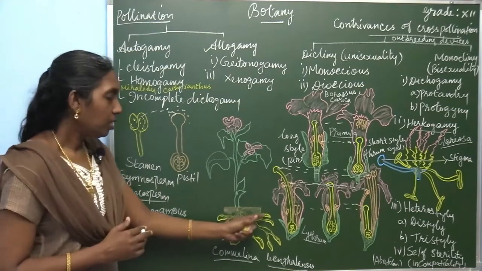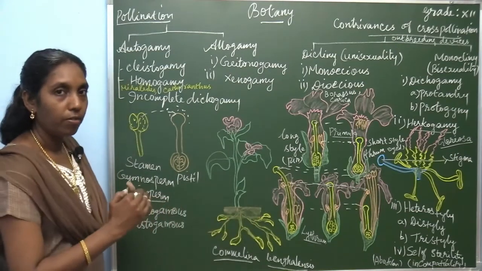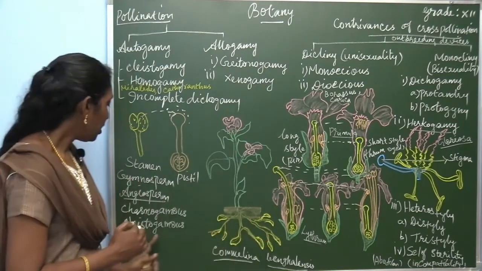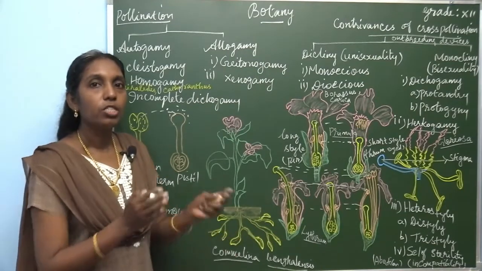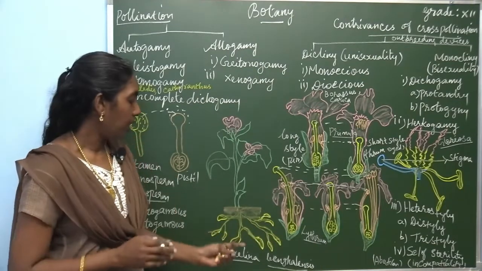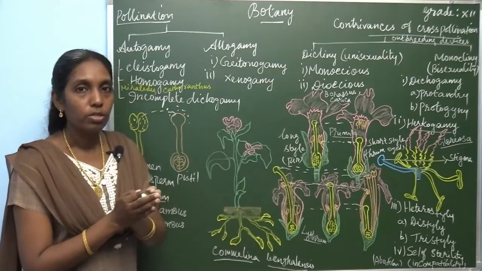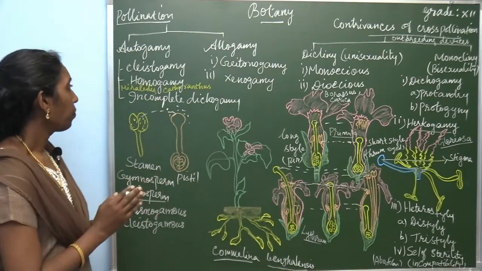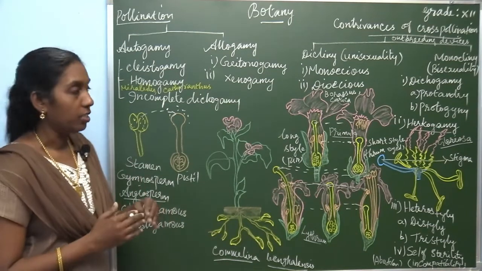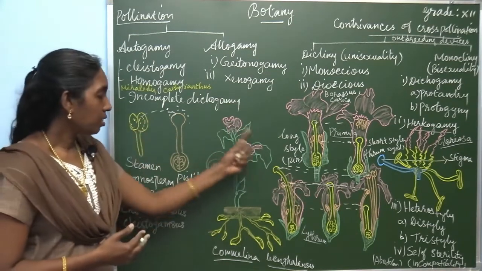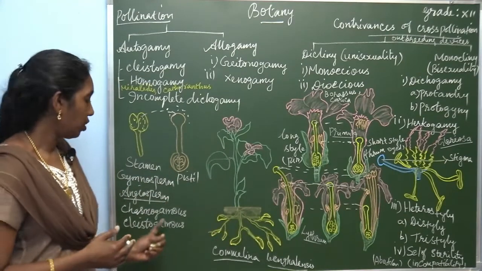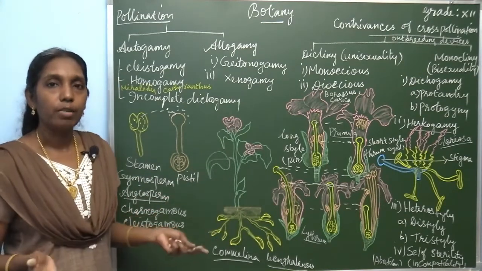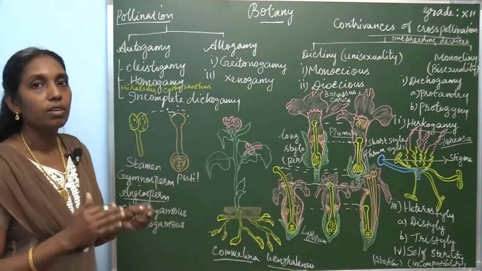But in the underground stem or rhizome, there are clistogamous flowers, which are closed flowers. The floral parts are closed. The flower is not open. It is a closed flower, to promote self-pollination.